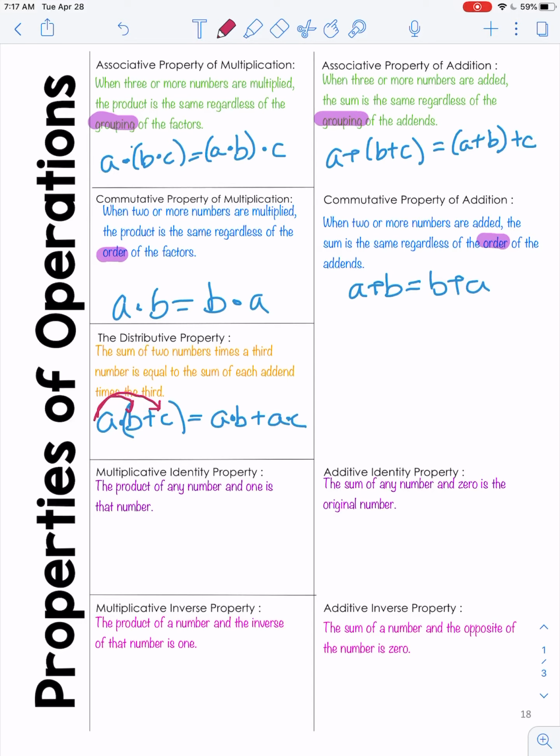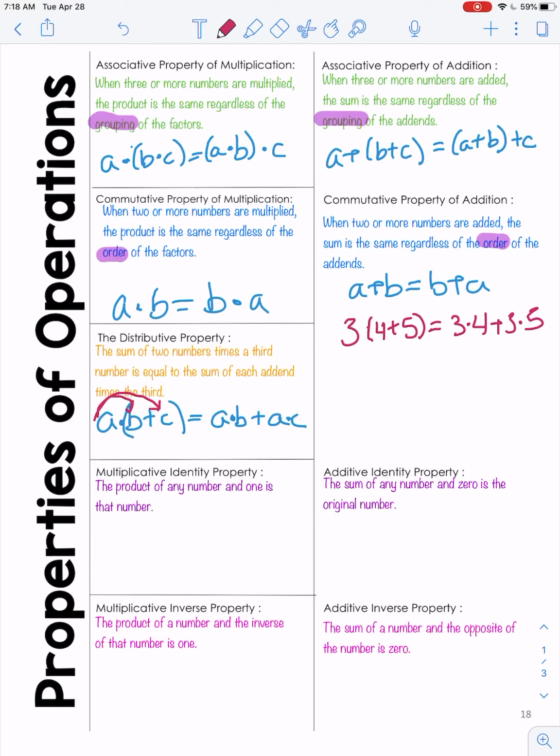So let's look at this with a real number situation. So let's do 3 times (4 plus 5), which would be the same as 3 times 4 plus 3 times 5.